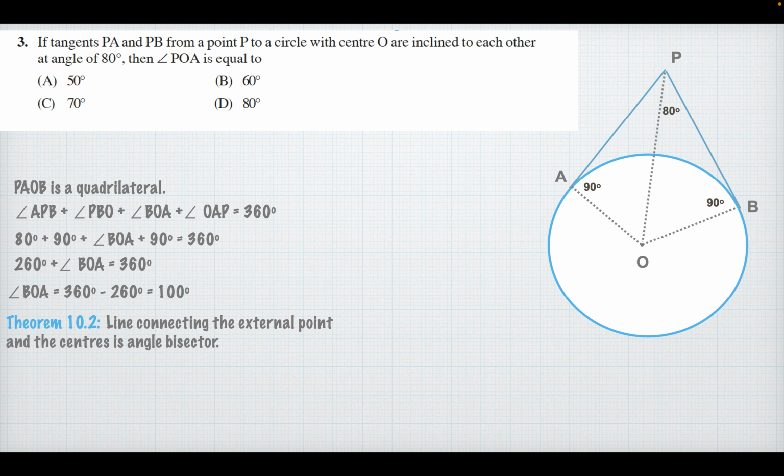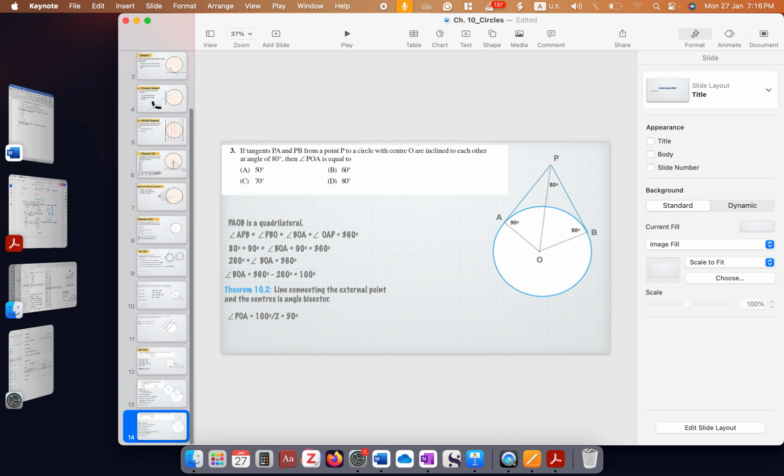That means the angle between these tangents is going to be bisected by the line that we draw from the center. Okay, like this. So angle POA is going to be half of 100, that's going to be 50 degrees. That means option A is correct here.